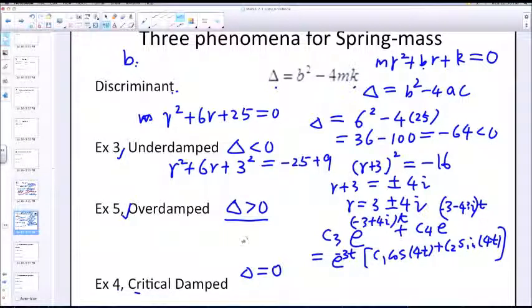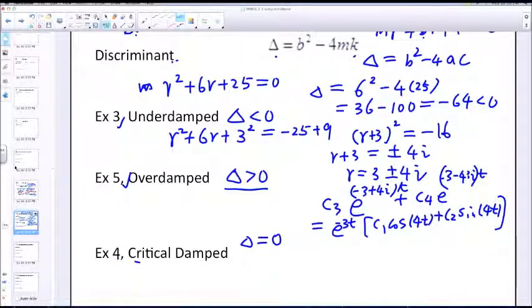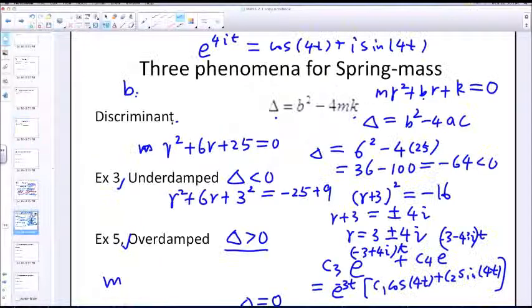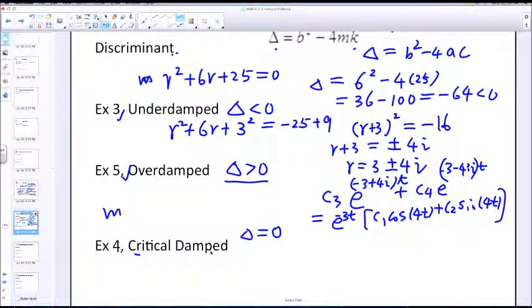So the last one, example 4, if you remember, you are talking about this equation. Let me show you back and forth. Is this equation. Your m equals 1, b equals 10, k equals 25. Then you get r squared plus 10r plus 25 equals 0.